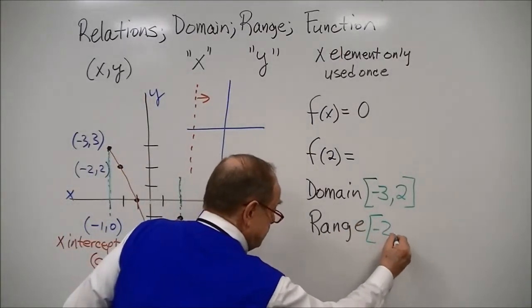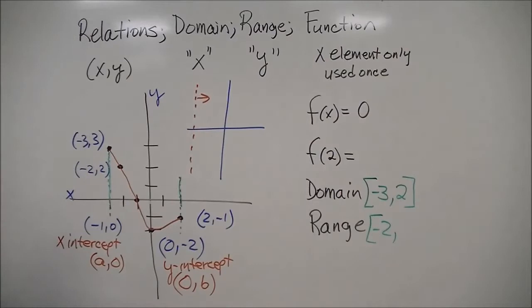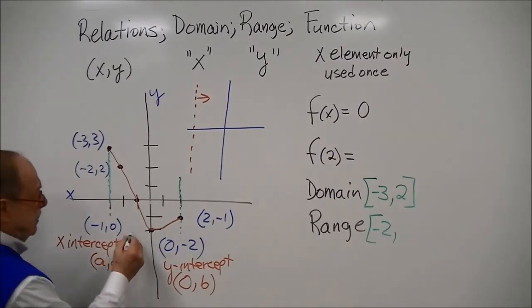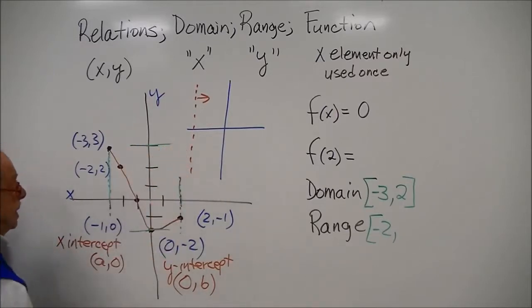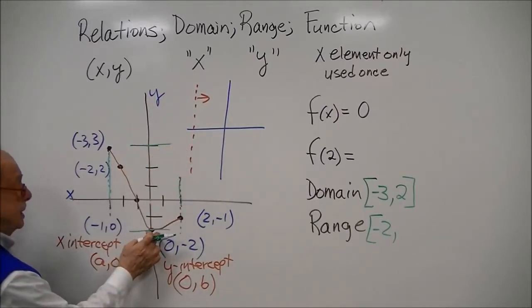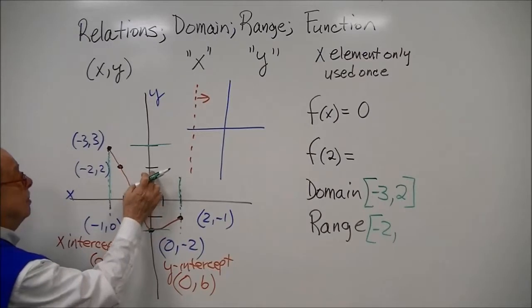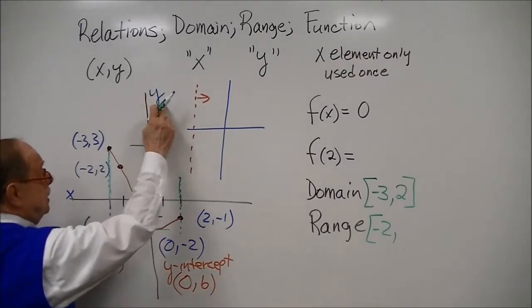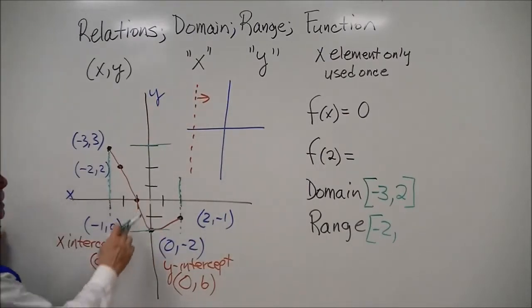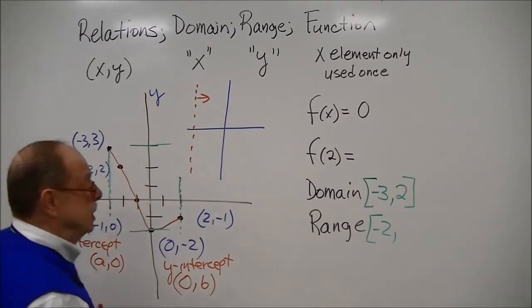And -2 is included in the set. And we could put a line there. And it goes up to there as well. So it starts here, goes up, and then ends there for y values. That is your range. So it goes up to a 3.